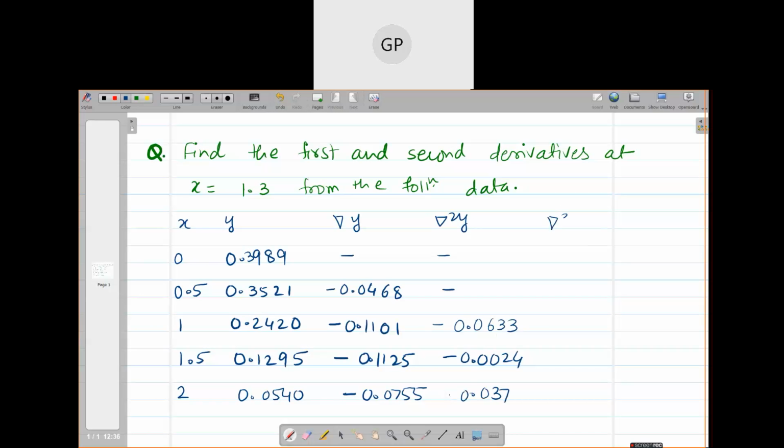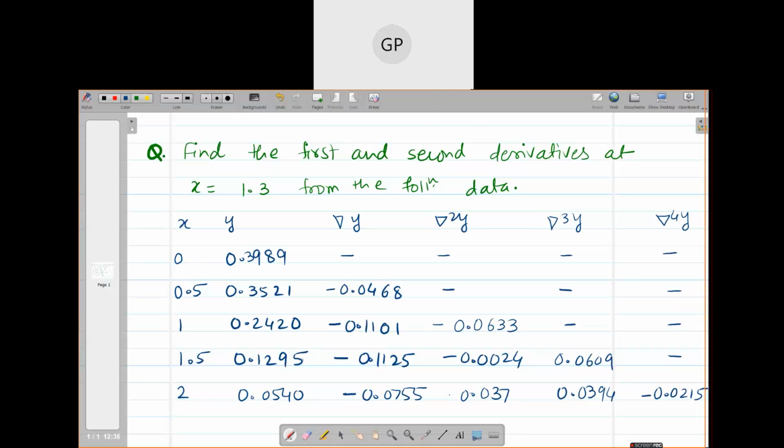Then in del cube y column, you have only two values and both are positive, 0.0609, 0.0394, and the last one, del 4y, you will have only one value, that is minus 0.0215. Okay, all of you already have this table with you.